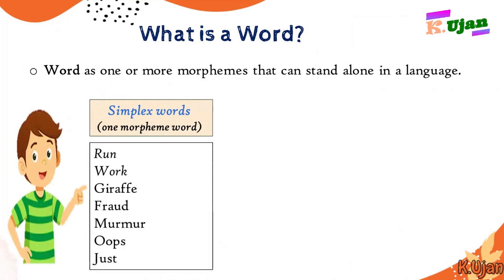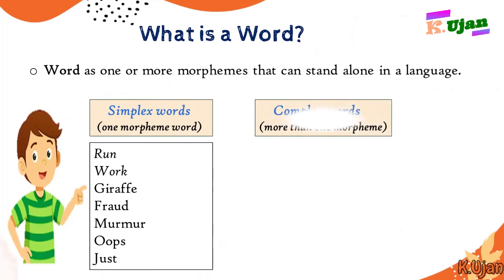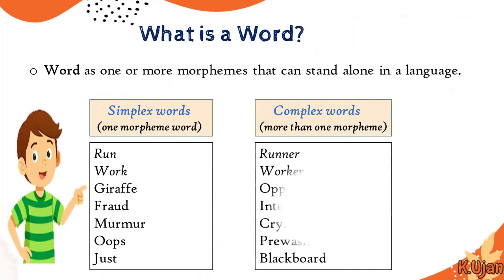For example, run, work, giraffe, fraud, murmur, oops, just. The other type is known as complex words, which are words formed of more than one morpheme, like run, runner.